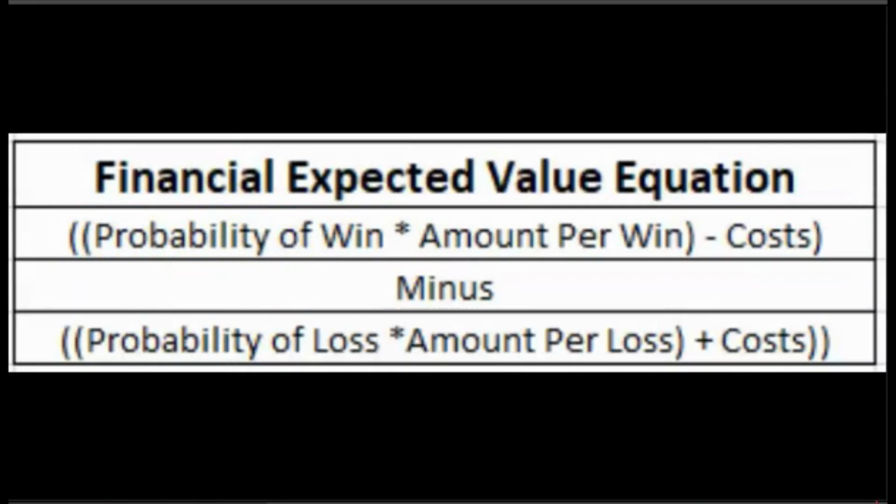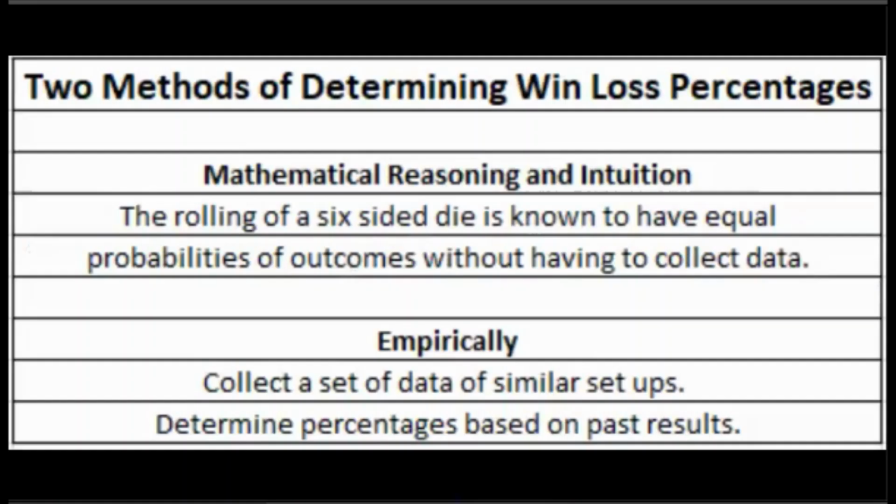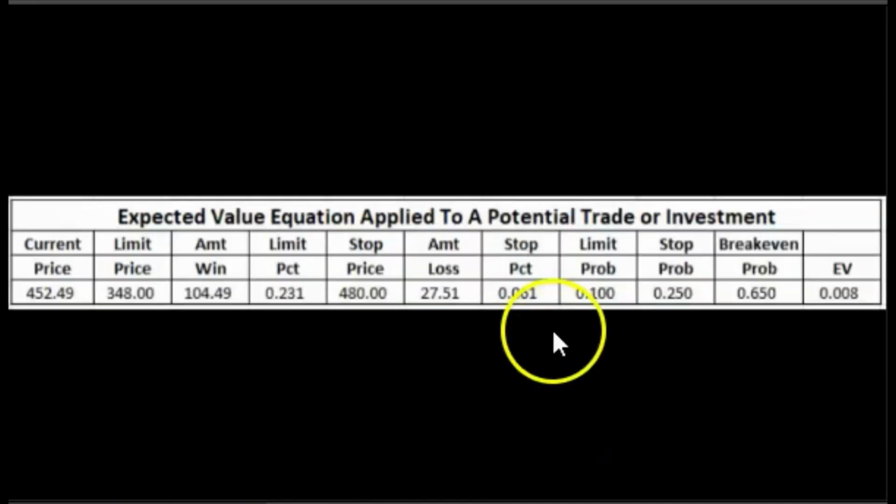And going back to the SPY potential short trade example, suppose that one were to come to the conclusion, after using mathematical reasoning and intuition and empiricism, that the limit probability, or probability of a win, is about 10%, where the price would go on and take out those lows, and the probability of a loss or a stop is about 25%, where the price would go higher and take out the highs, and maybe a break-even probability of 65%, where maybe the price stayed in between those 2 points and you eventually got out, hopefully for a break-even.